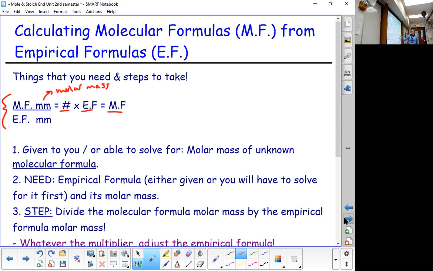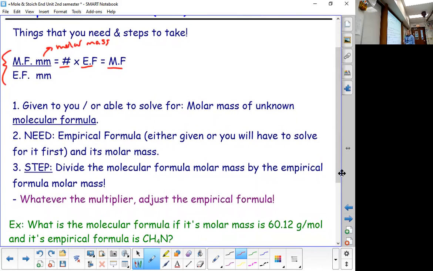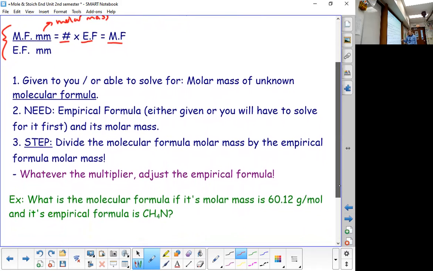So you either have to be given or have to be able to solve for the molar mass of the unknown molecular formula. They'd have to analyze that to give it to you. Then you also either have to be given the empirical formula or you have to solve for it like we just did. And then you divide the molecular formula molar mass by the empirical formula molar mass, and whatever the multiplier is, you adjust the empirical formula.